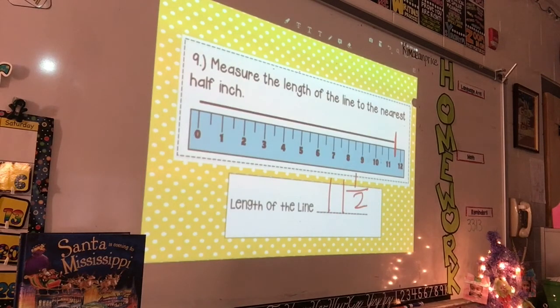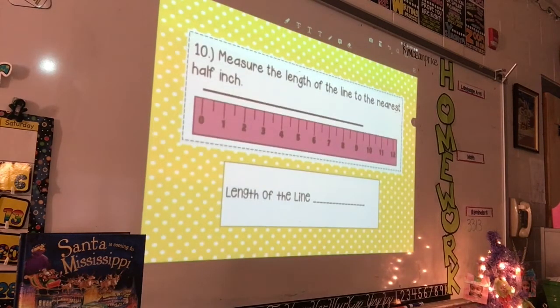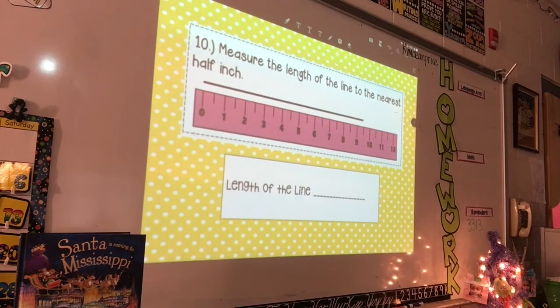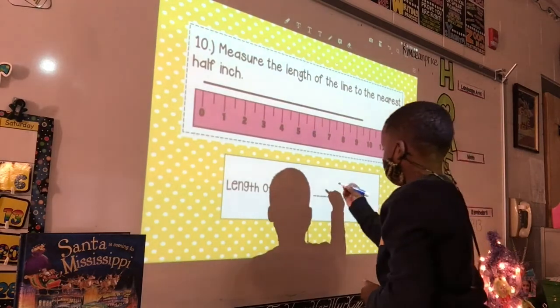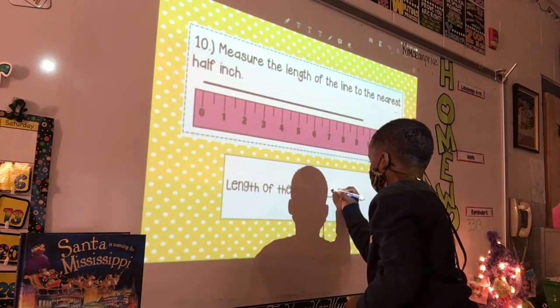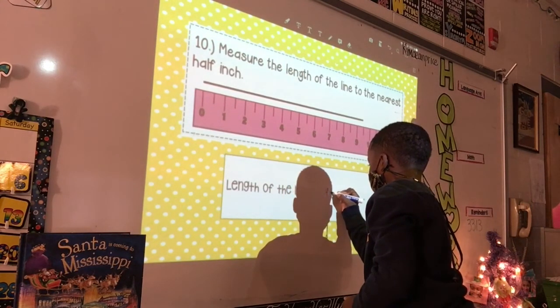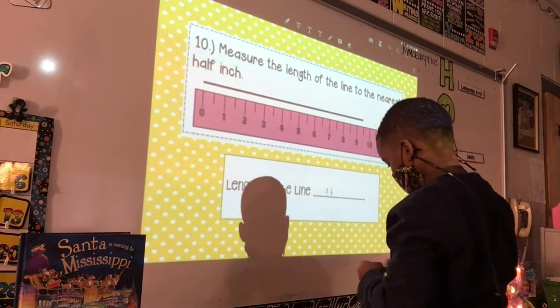All right, next one. Measure this one to the nearest ½ inch. So we know it's cut into halves. All right, Evan, you can go. Good. 9 and 1/2.